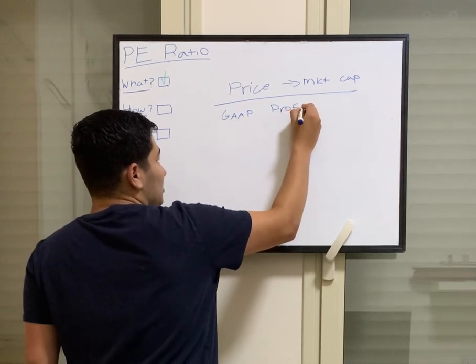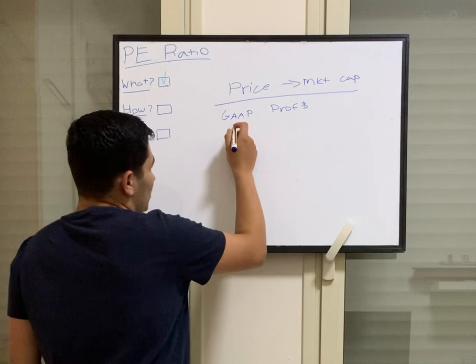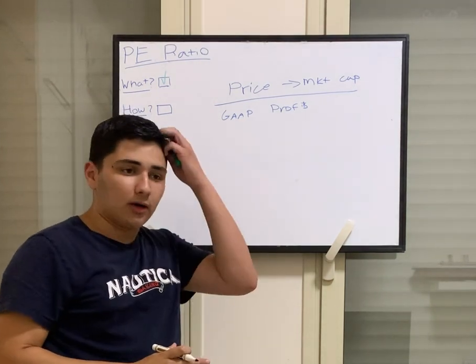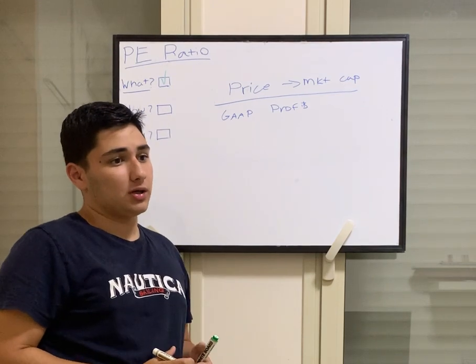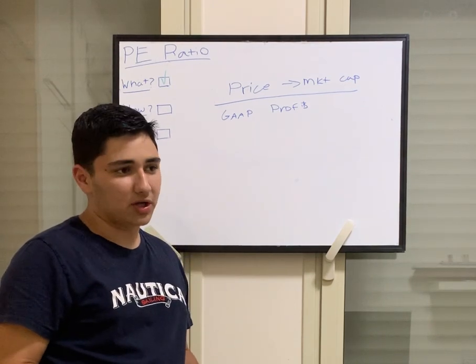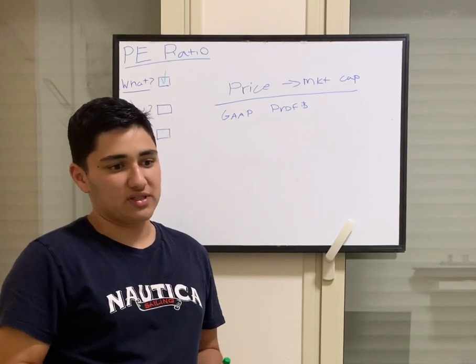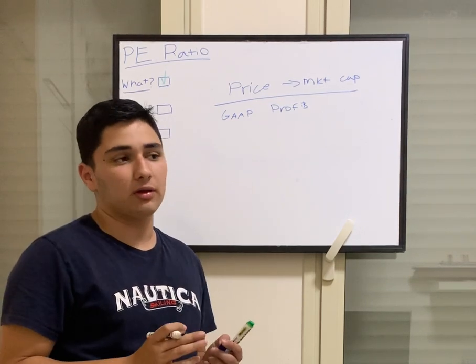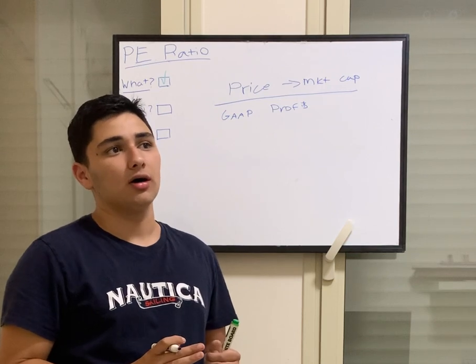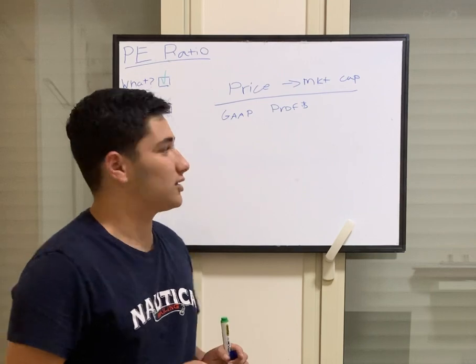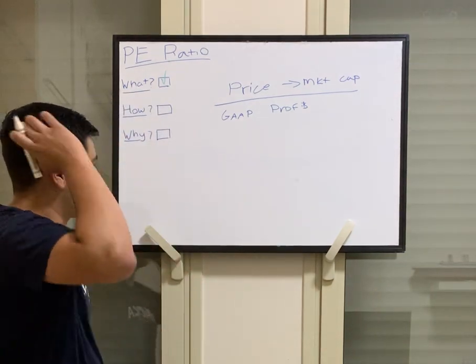And GAAP stands for Generally Accepted Accounting Practices, which just takes down different types of transactions from the company to make sure that the earnings are being represented by money that the company is making, no matter what it did. So not necessarily the bottom line, but we're not going to get into that.